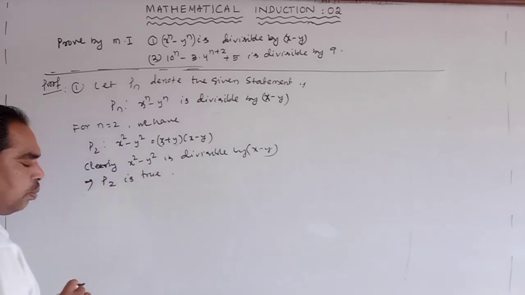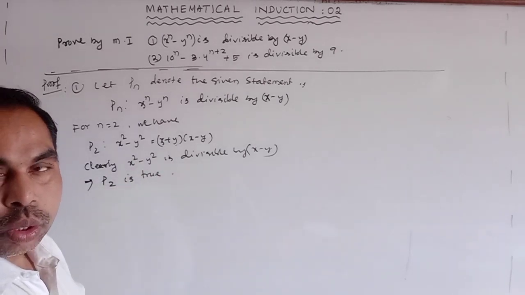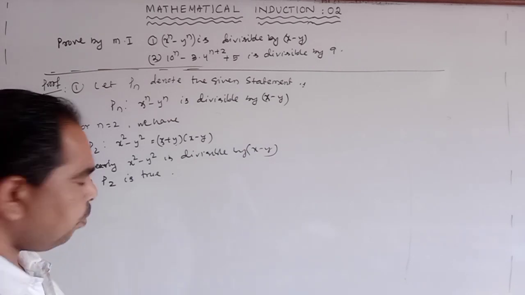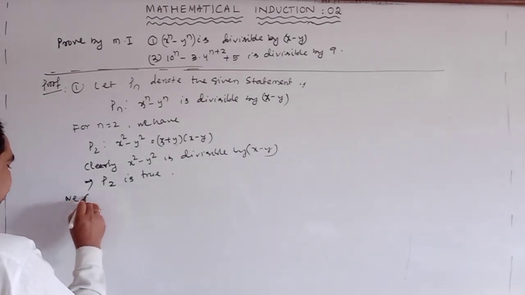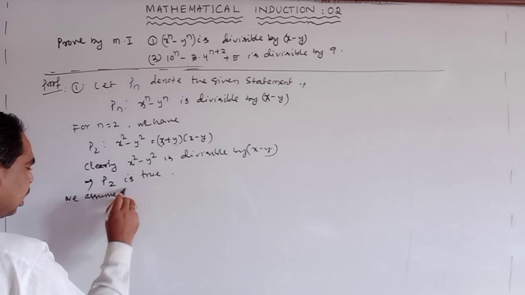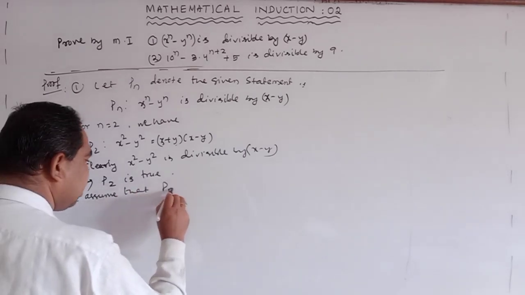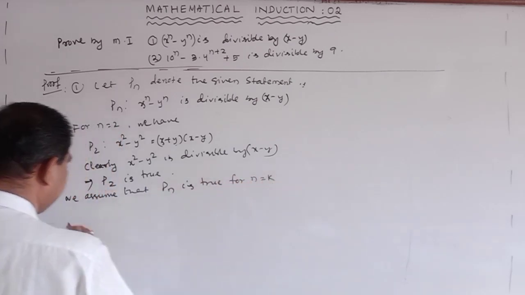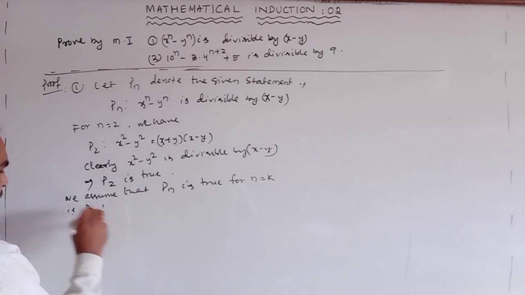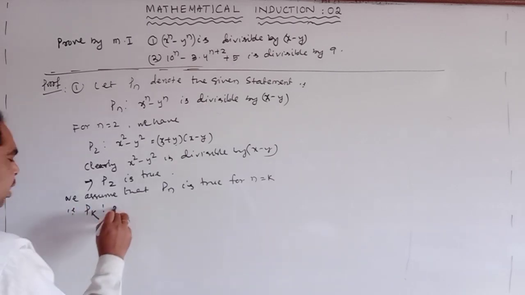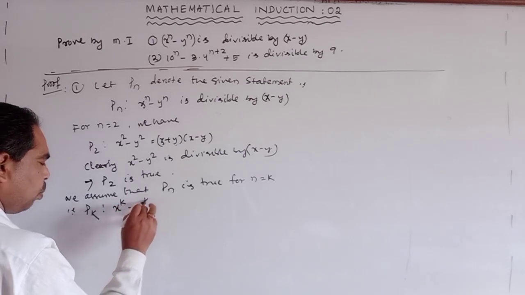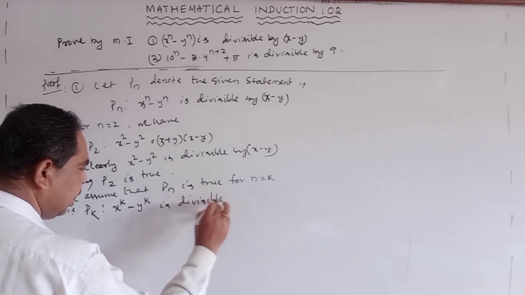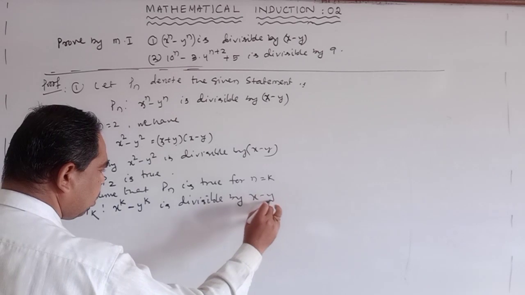Since P2 is true, we assume that it is true for n equal to k also. We assume that Pn is true for n equal to k, that is Pk such that x to power k minus y to power k is divisible by x minus y.